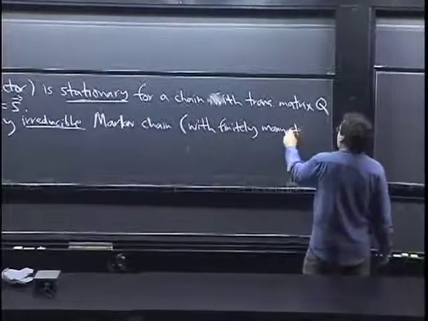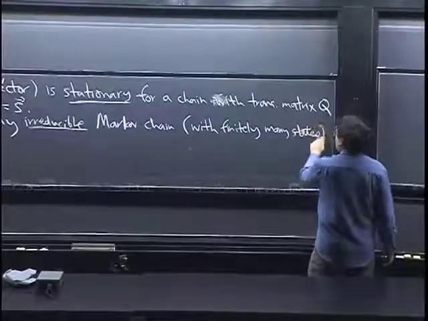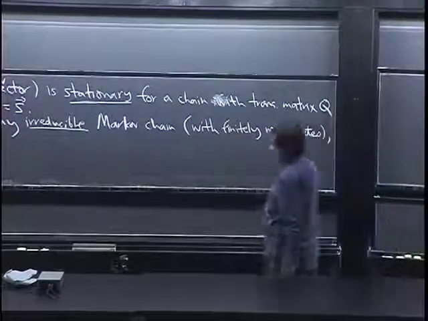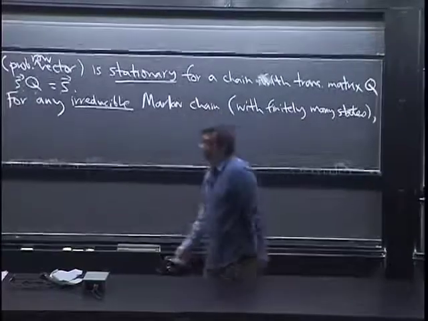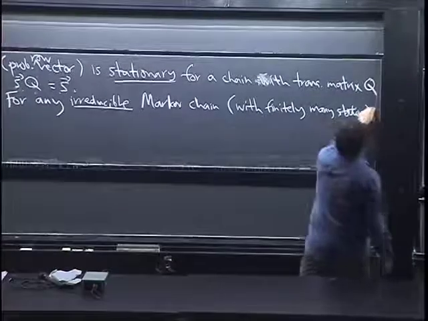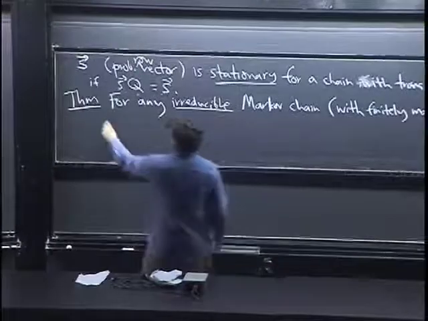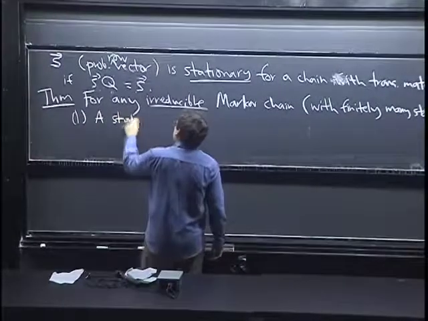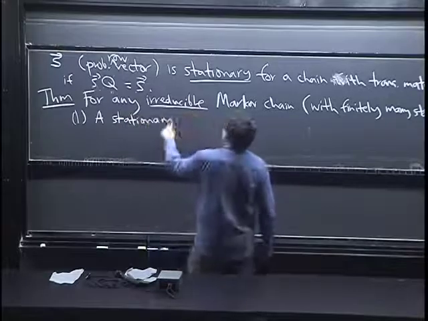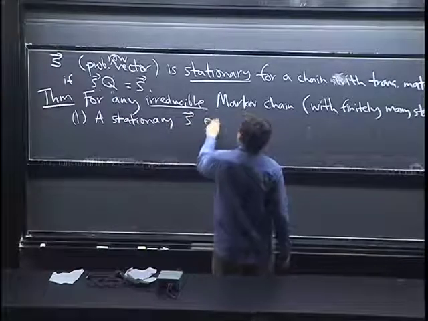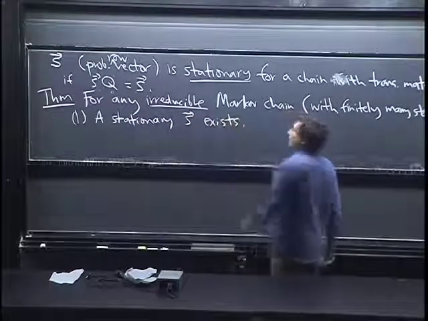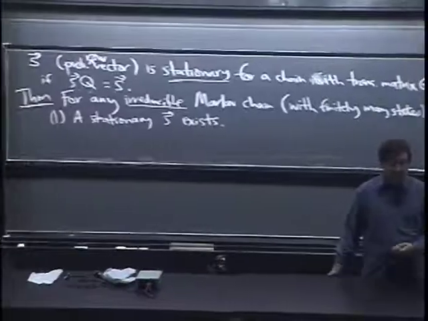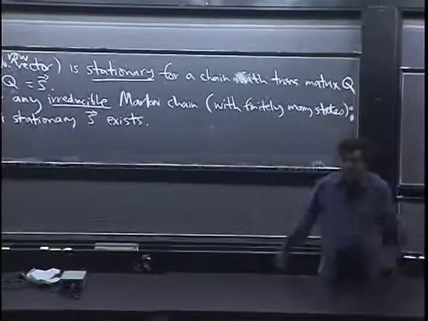Then we want to know some basic facts about stationary distributions. First of all, a stationary distribution exists. I'll just say a stationary distribution S. Doesn't matter what you call it, but I'm calling it S for stationary.